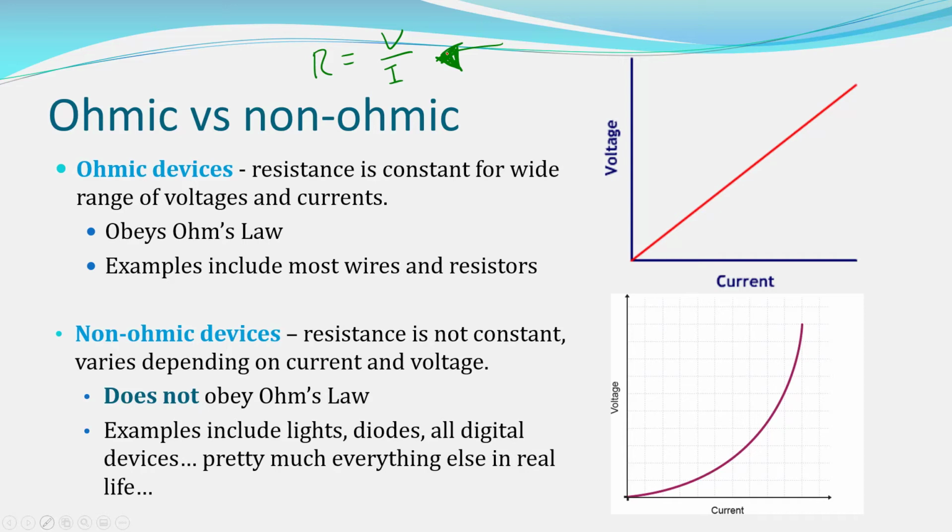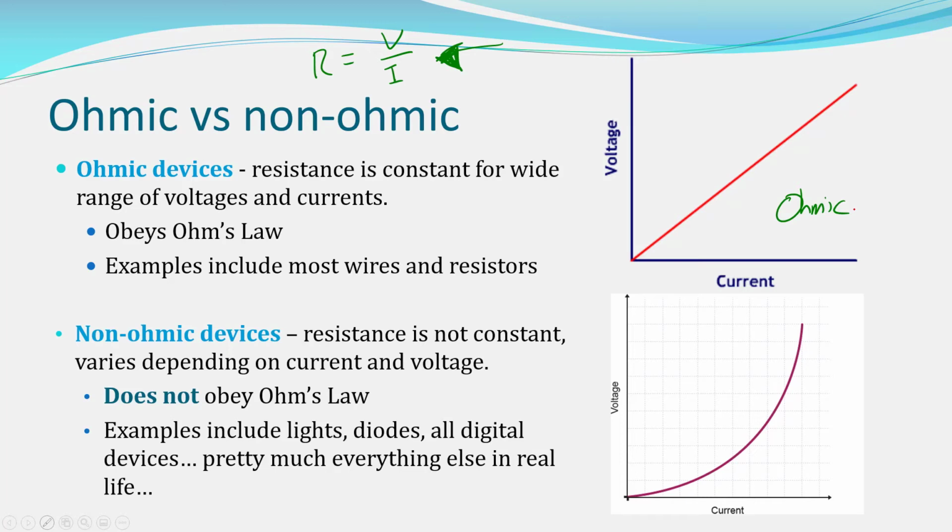And if that happens, you end up with what's called an ohmic resistor. And an ohmic resistor is this one here. You can see that the ratio between the voltage and the current remains the same. And if that's the case, then resistance is therefore going to be the same.